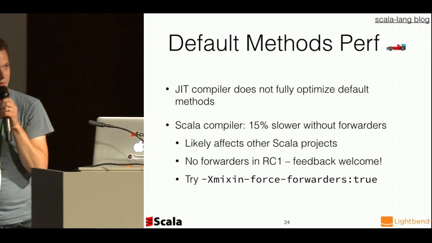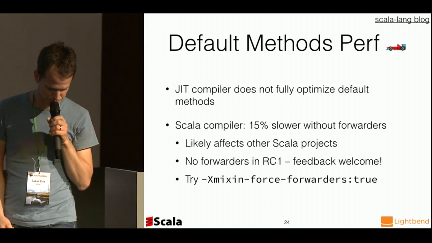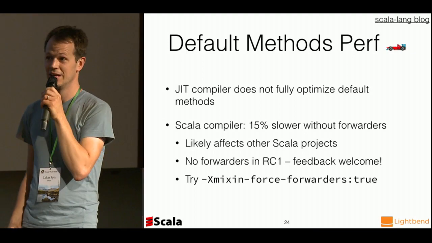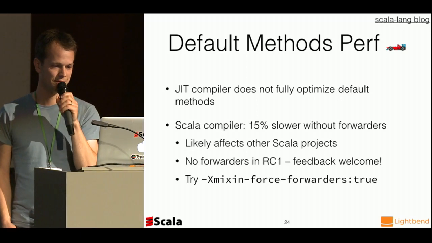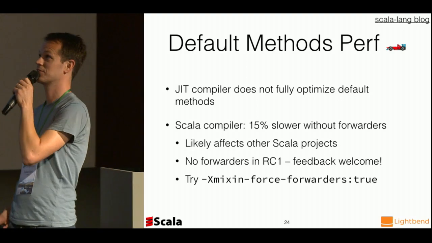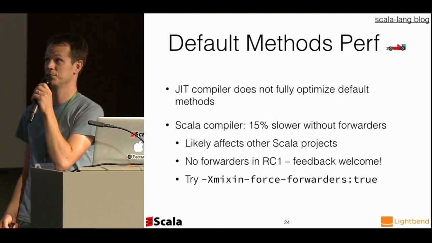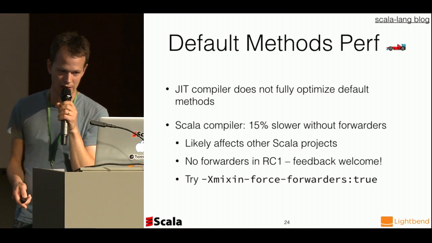Okay, so we had default methods implemented, and we were slowly wrapping up for RC1, and at some point decided to take another look at how fast the compiler is, how things are going, and realized there was a severe performance regression between, I think, M3 and M4.